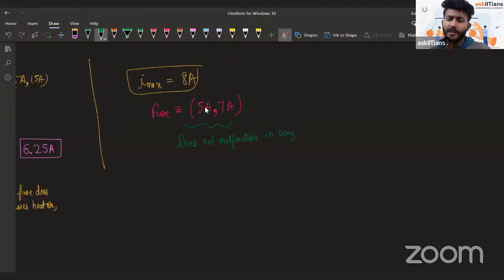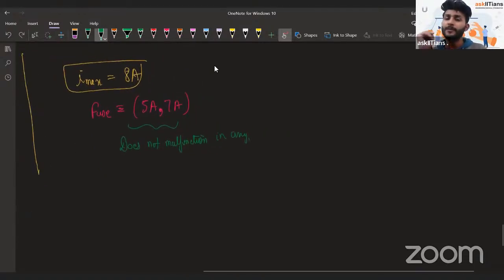Because imagine, if the current exceeds 5 ampere, the fuse will break and the heater will be safe. It will never be able to reach it. And if the current exceeds 7, this fuse will also break. It will never allow the current to increase to 8, and the heater will never be damaged, right?